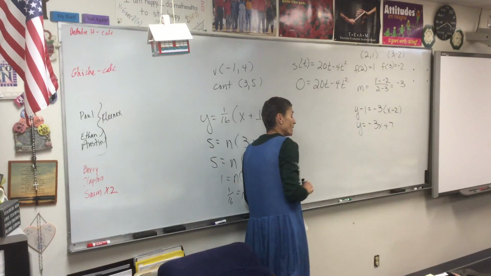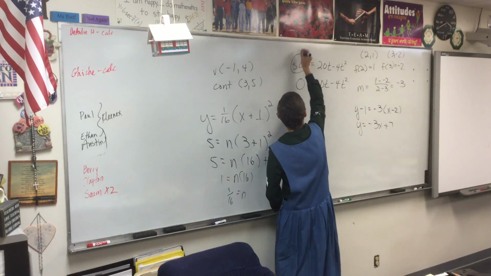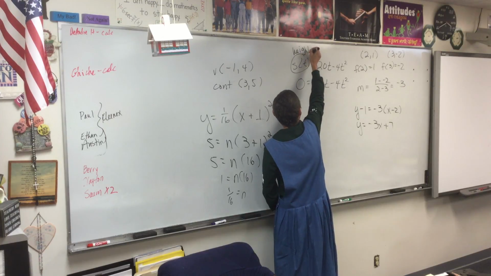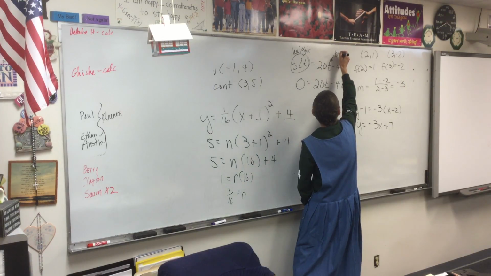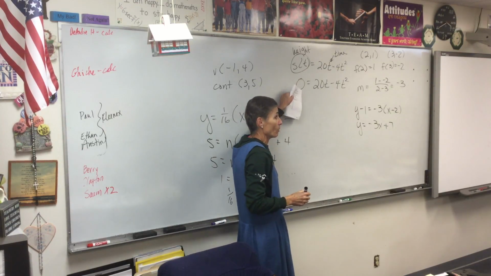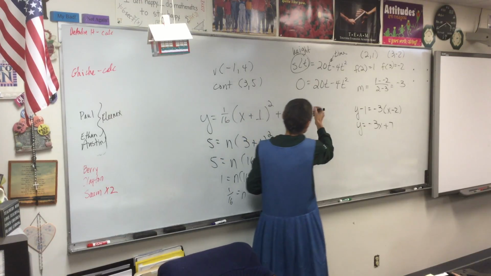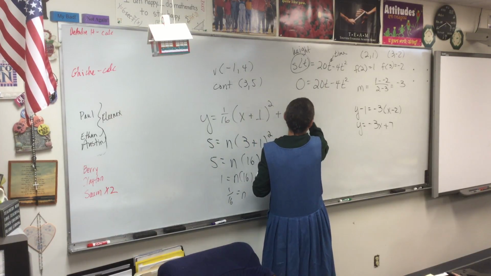When you look at an equation, kids, you've got to pay attention to the variables. It says the height at time t. So when is the height 0? When it's on the ground, right? So when is that? Well, let's just solve this. That factors.